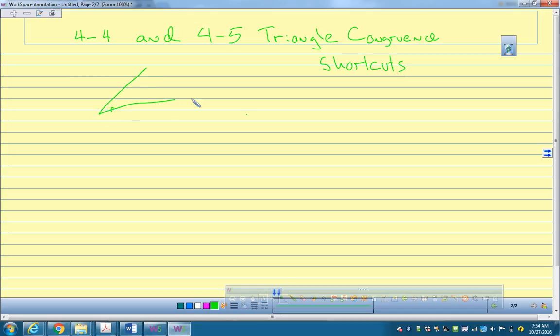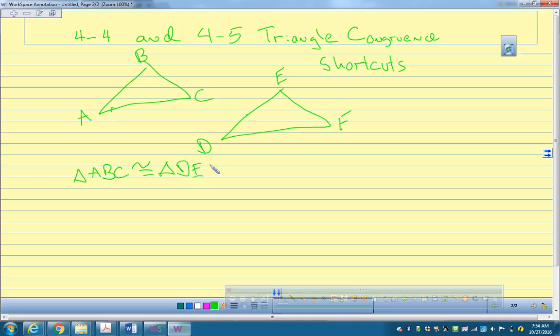So say I have, here's triangle ABC, and say that triangle ABC is congruent to triangle DEF.